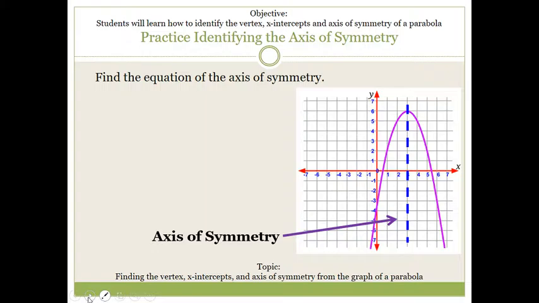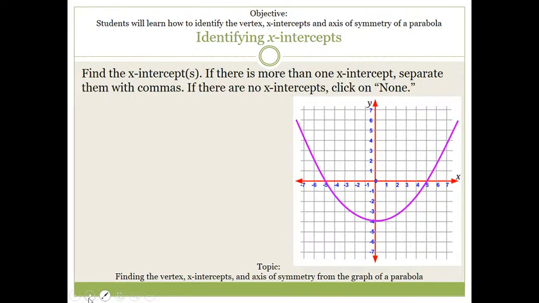Alright, so as many of you probably have the right answer, it is x equals 3. Now we're going to talk about the x-intercepts. Remember, intercept means where something crosses or touches. When a football player intercepts a pass, he's getting in the path of the ball and coming in contact with the ball.